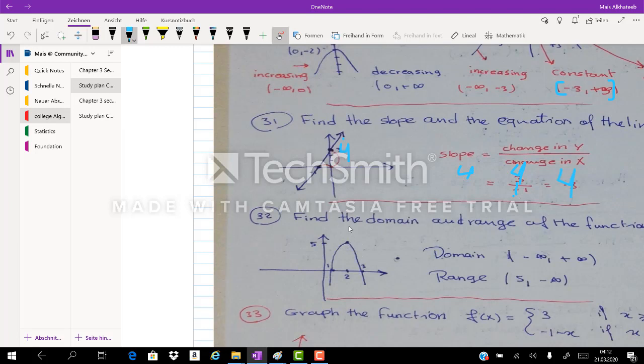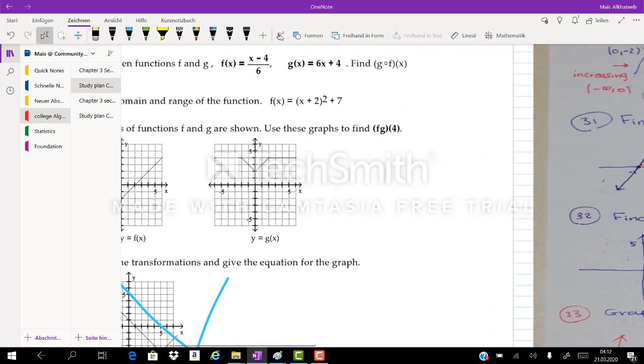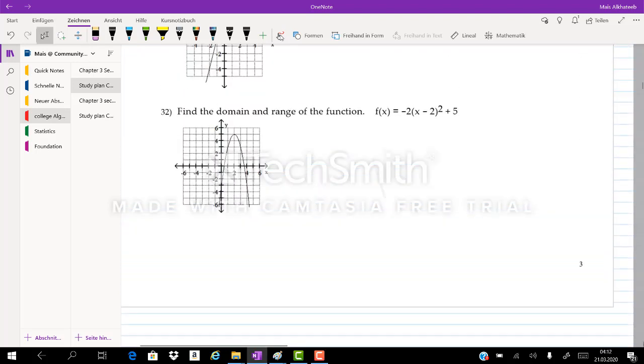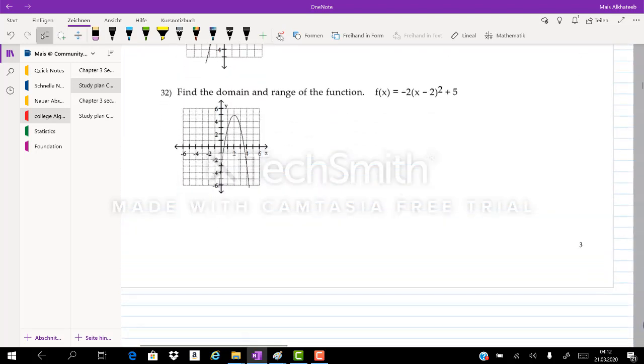Okay, then it's 5 to plus infinity, we can write it closed. And this is the graph as we saw it above. The range is 5 to minus infinity, and minus infinity to plus infinity is the domain of this function.